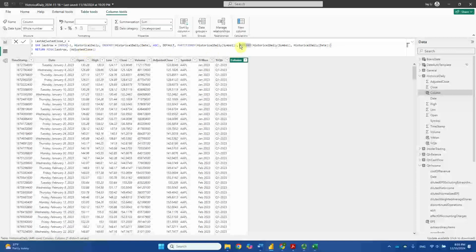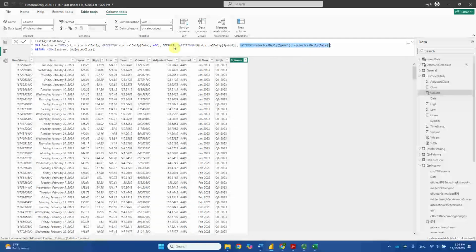All right, and based on the match by, the index function knows that this data set is going to be identified by the stock symbol and the date. So each row basically corresponds to a particular stock symbol on a particular day.